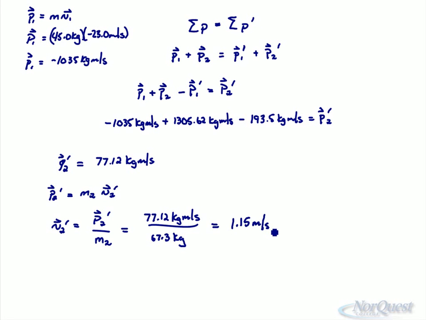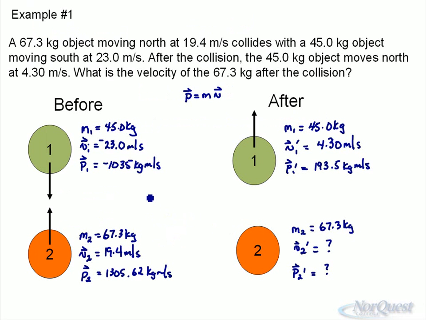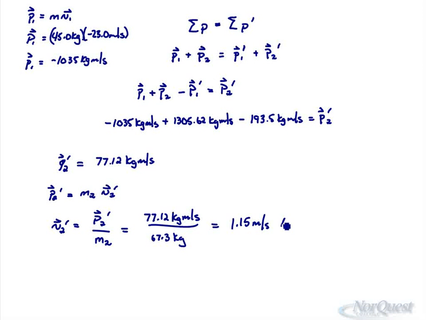Now, because that's a positive value, remember in your original question you took care of the signs at the very beginning. Positive meant north, so you should state a direction, meters per second north. And we're done.